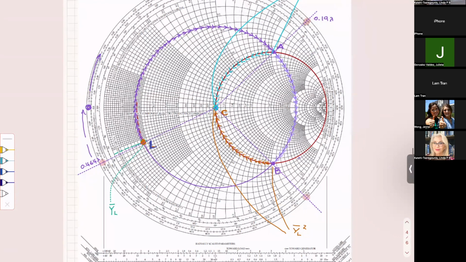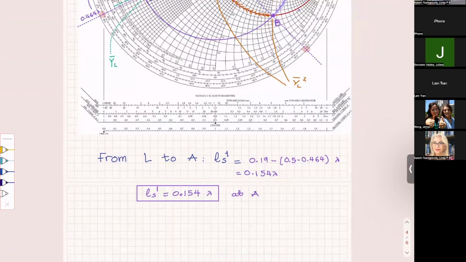So practically, LS2 will be 0.31 minus 0.5 minus 0.464 lambda, which is going to be 0.31 minus 0.5 plus 0.464, which is 0.274.